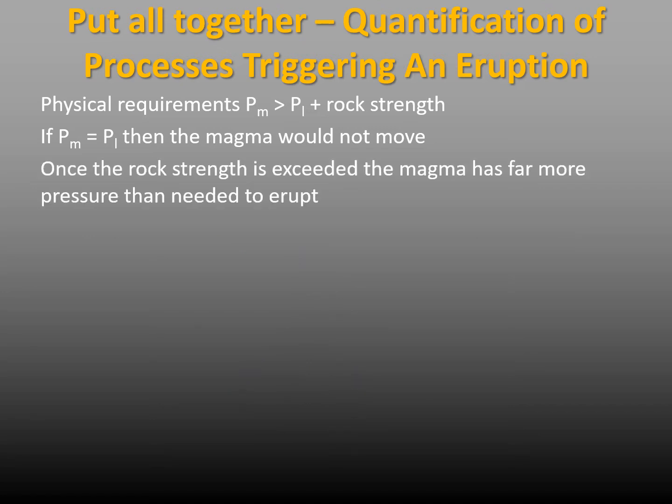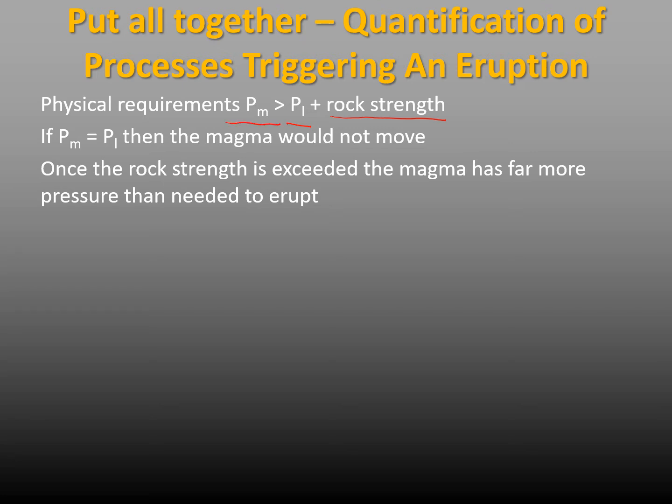In order to break a path, it has to exceed the rock strength as well. So once you exceed the rock strength, then that magma can move to the surface.